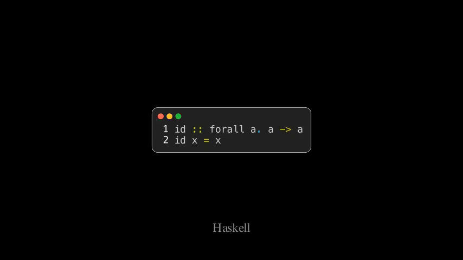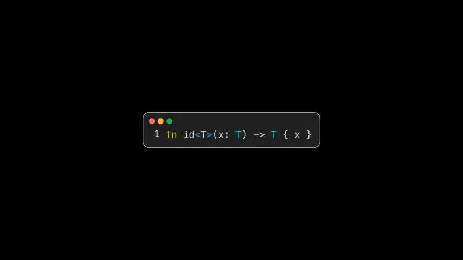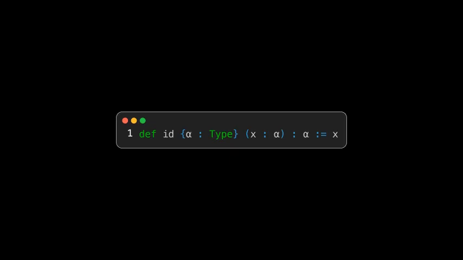It is exactly what you write in a Haskell type signature as forall a. a to a. Or in Rust, fn id of T, taking x of T to T. In Lean, the same idea looks like this. The curly braces make alpha an implicit argument that Lean will infer at the call site. But underneath it is exactly the polymorphic lambda from System F.